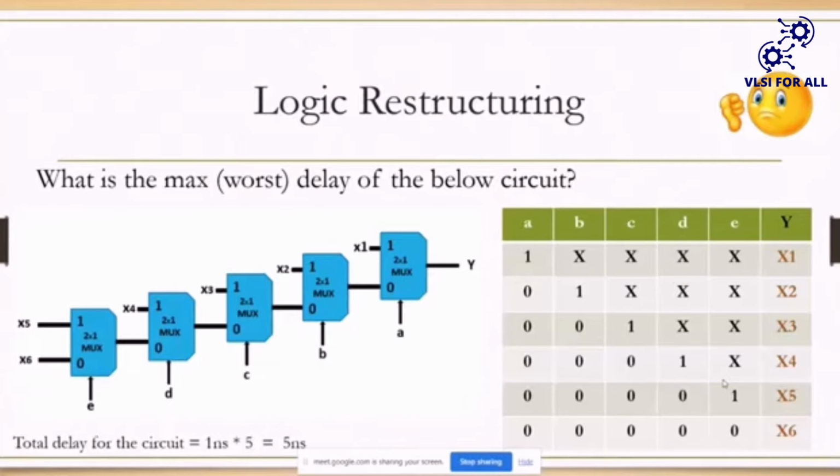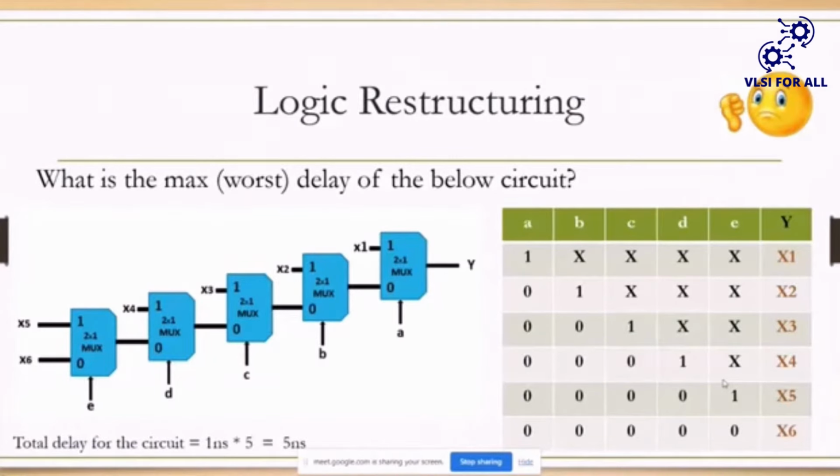definition called logic restructuring. Team, on the right hand side, you can see the tabular column which represents the functionality. If all the inputs A, B, C, D, E are 0, then definitely my output must be X6.